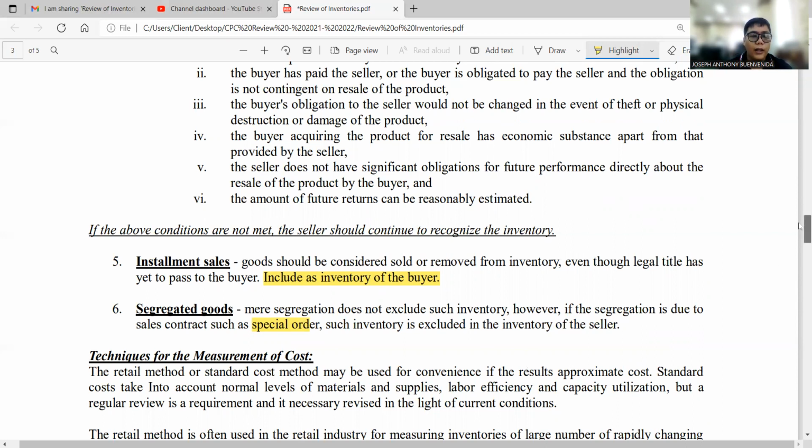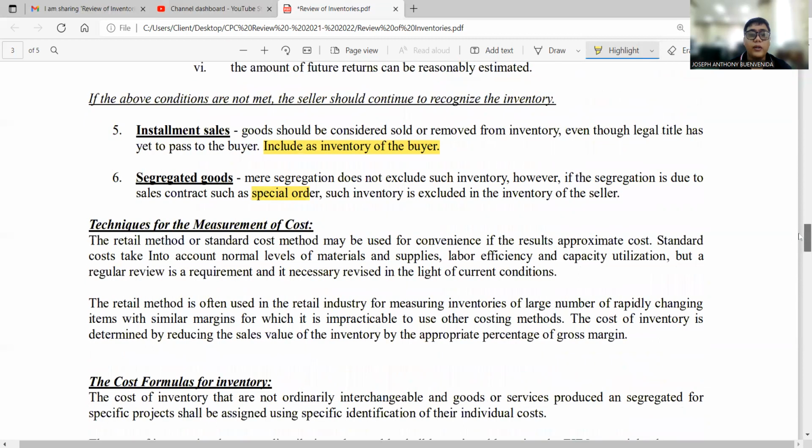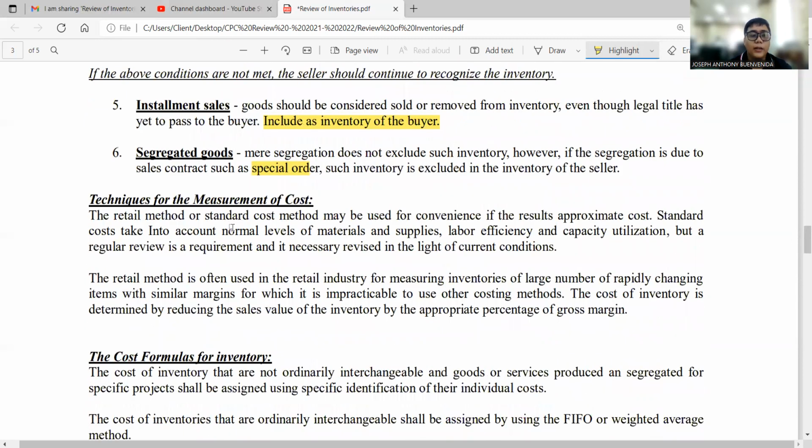So, techniques for the measurement of cost. The retail method or the standard cost method may be used for convenience if the results approximate cost. Standard cost takes into account the normal level of materials and supplies, labor efficiency, and capacity utilization, but a regular review is a requirement and it is revised in the light of current conditions.